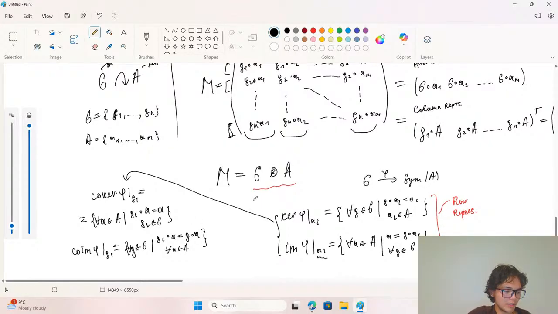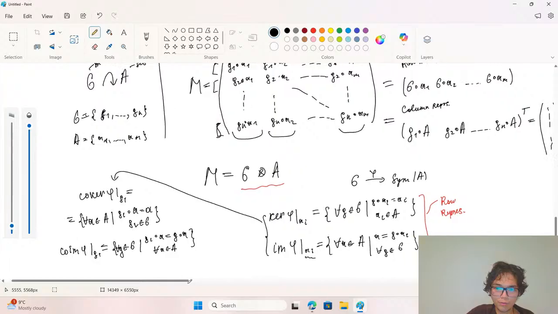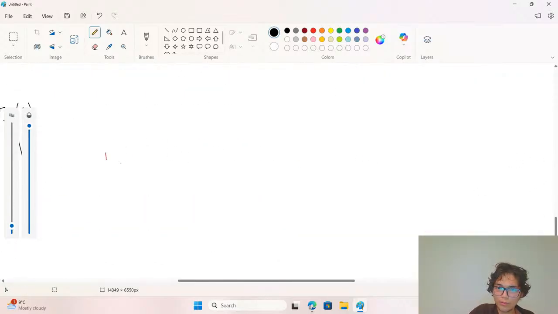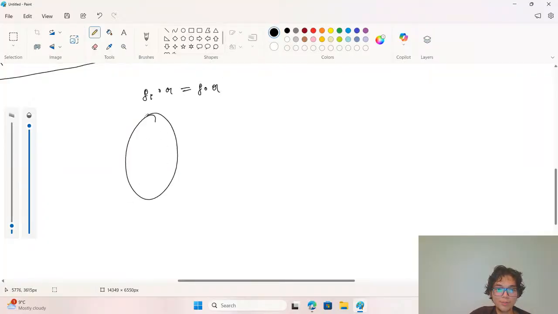You can visualize it in this way. I will show you now. For example, what does it mean that g_i acting on a has the same image as g acting on a? It means, for example, we have group G with g1, g2, g3, and so on.